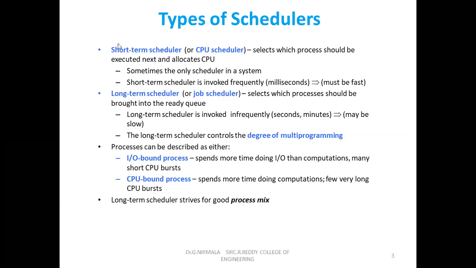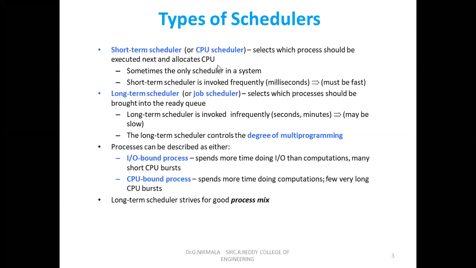Second one is the short-term scheduler or CPU scheduler. Listen carefully. The short-term scheduler is also known as the CPU scheduler, central processing unit scheduler, or call it the process scheduler or processor scheduler. It selects which process should be executed next and allocates the CPU.